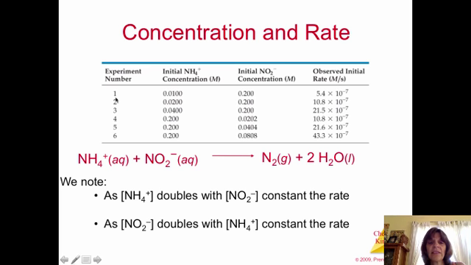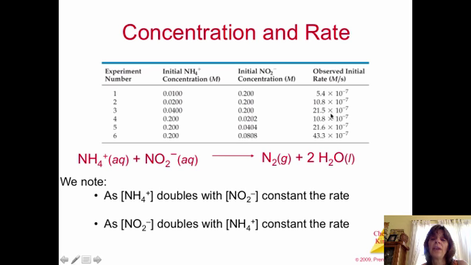Here we have a series of experiments to see how a change in concentration of one reactant affects the rate. If you notice how this is set up, in the first 3 experiments, the ammonium ion concentration was doubled each time, from 0.01 to 0.02 to 0.04 molar, while the nitrite ion was kept constant at 0.2.